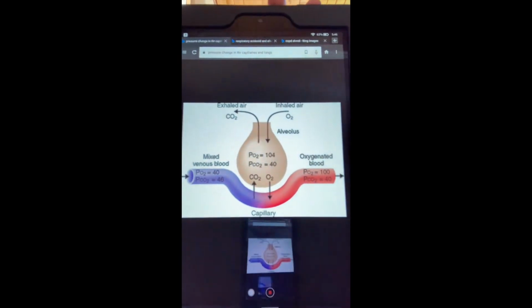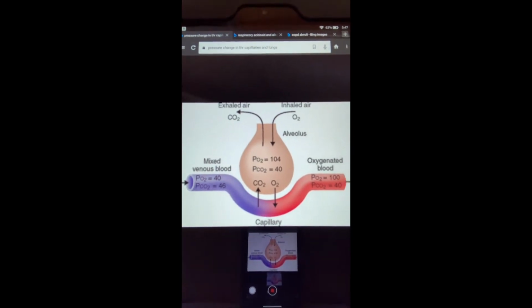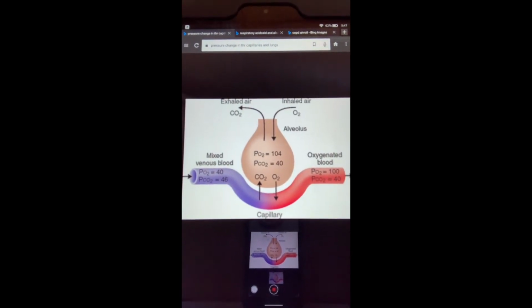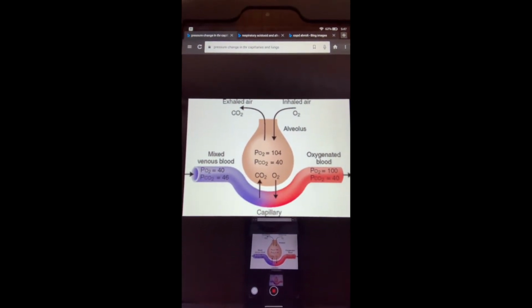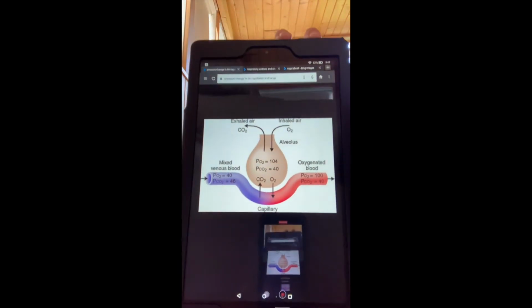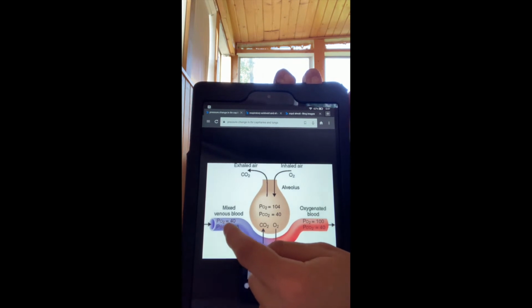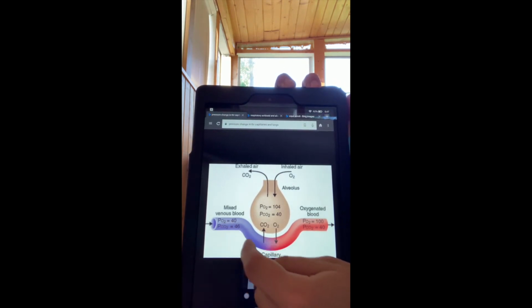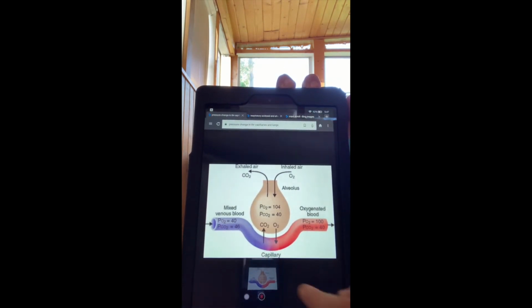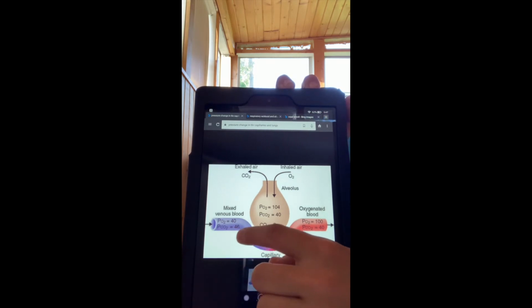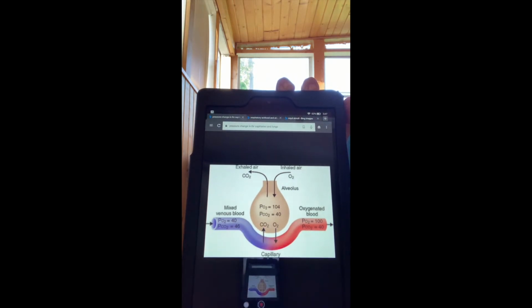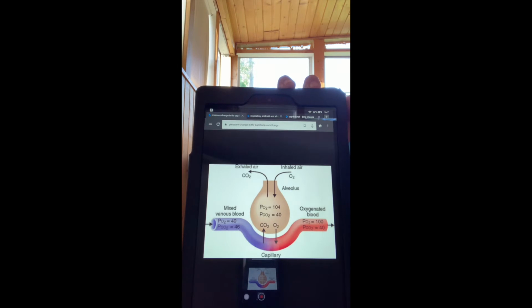So to explain that a little bit more, I have a picture here. And this shows the pressures of carbon dioxide and oxygen as they move through. So you can see coming in right over here is the venous blood, so that's coming from our body. The partial pressure of oxygen is 40, partial pressure of carbon dioxide is 46.